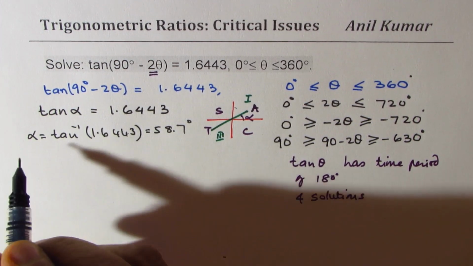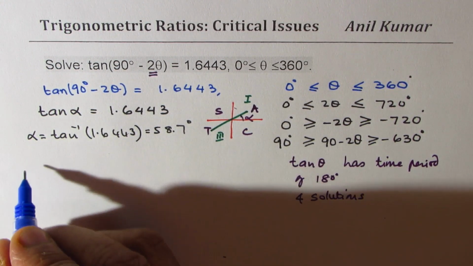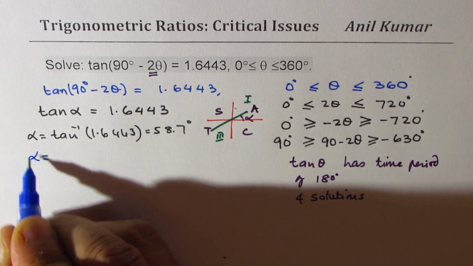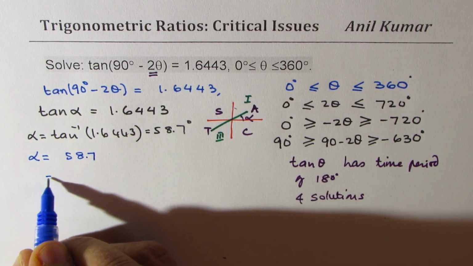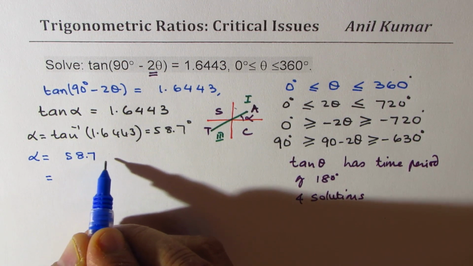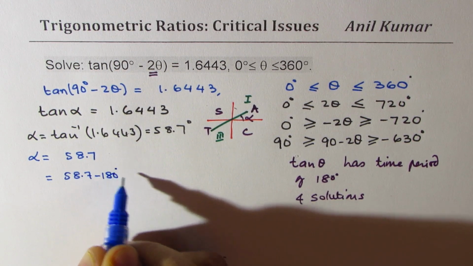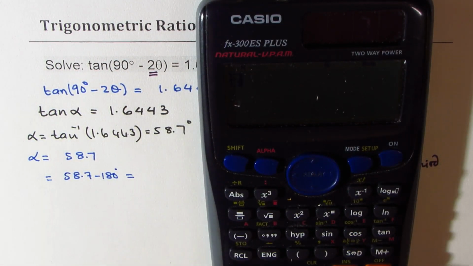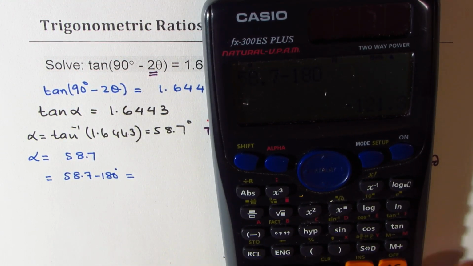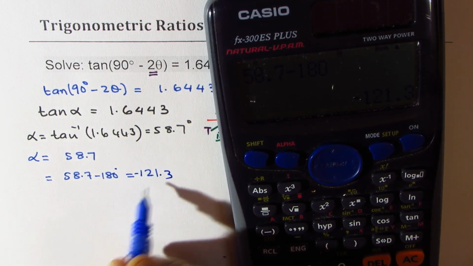So to get the other solutions, what can we do? We can take away 180, right? So the possible values of alpha could be 58.7 and the other values could be take away 180. So 58.7 minus 180 degrees, which is how much? Let's keep on subtracting 180. 58.7 minus 180 is equal to, in decimals, minus 121.3.